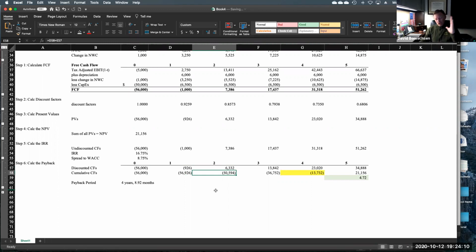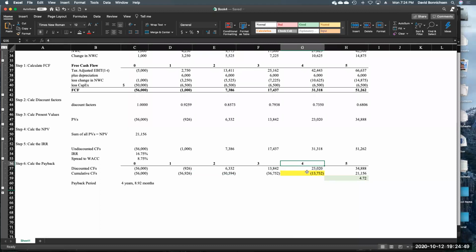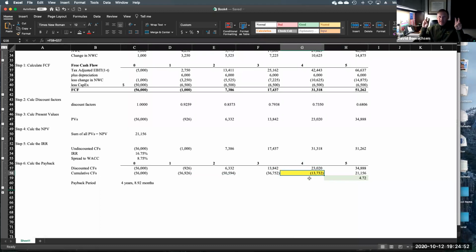So we're keeping track of that cumulative pay down of the money that we initially shelled out on a discounted basis. Very important, right? And then once you have that formula, you can just simply click and drag all the way out. And what we're looking for is where it crosses over. Where do we go from still having a negative balance at the end of a year to the next year where we have a positive balance, meaning we've paid off our loan, okay? We've paid off the initial capital outlay for the project. And in this case, we see that at the end of year 4, okay, we still had a remaining loan to pay off.